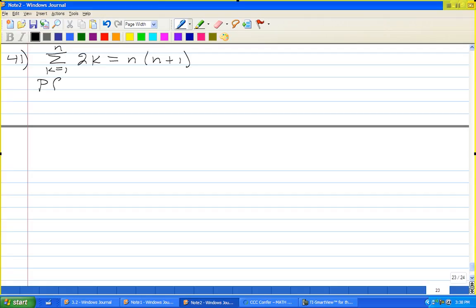So let's first do the initial case. I want to show that this formula is true when n is equal to 1.